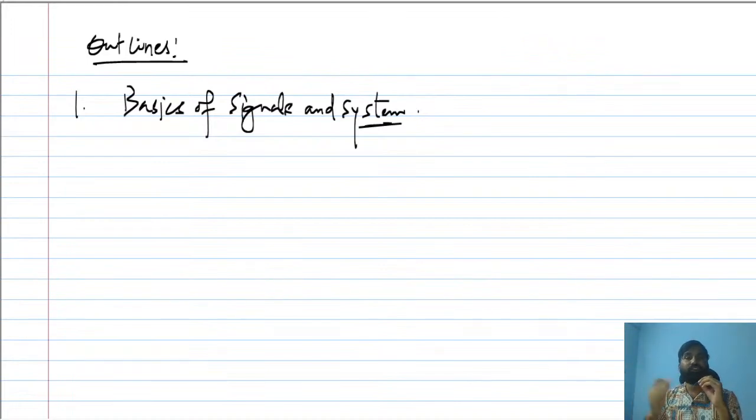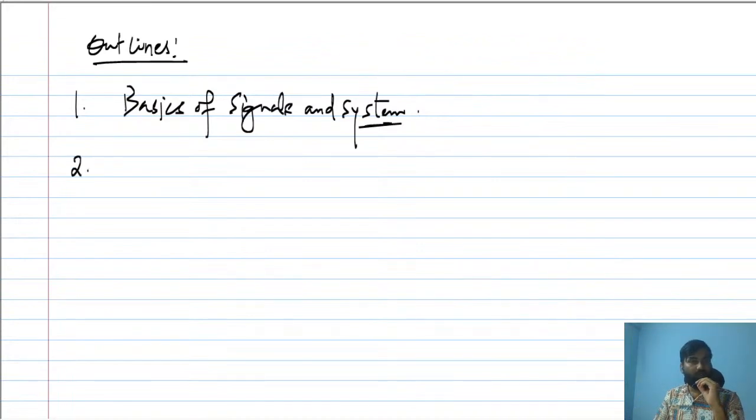You give a signal to the system, so what output are you going to get? Those things we will discuss in basics of system, and we will see how many types of signals there are, from nature what kind of signal you can obtain, and different properties of signals, all those things.